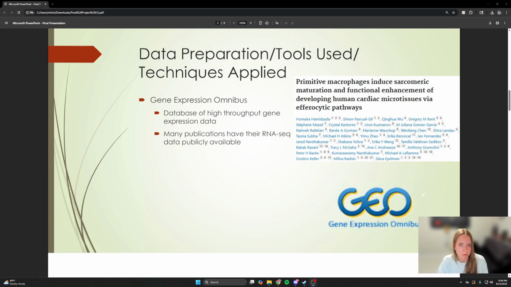A lot of papers will go there to publish their RNA sequencing data for anyone to use publicly, which is great because it gives us the base file to use, because running that ourselves could have cost thousands and thousands of dollars. They don't give you all of the finalized data sets, but at least they give you the raw file, so if you want to run the whole analysis yourself, you can do that.